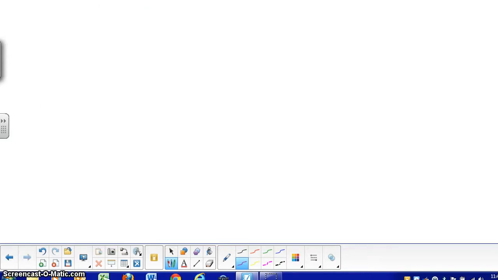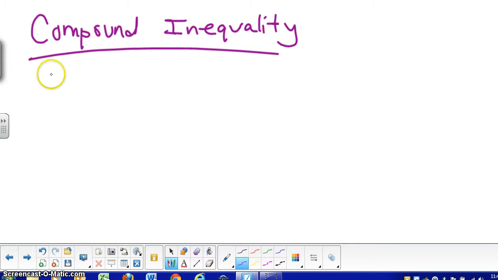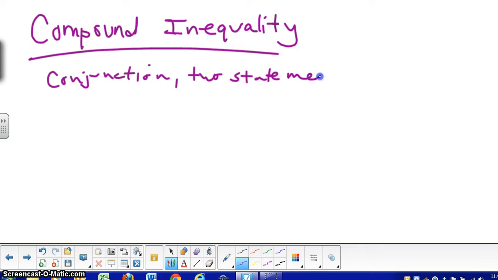Okay, so now we're going to talk about compound inequalities, which is what lesson 2.6 is all about. The first type of compound inequality is called a conjunction, where the two statements are joined by the word and.